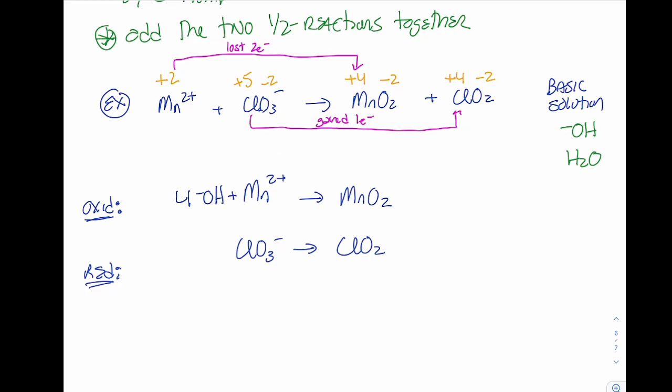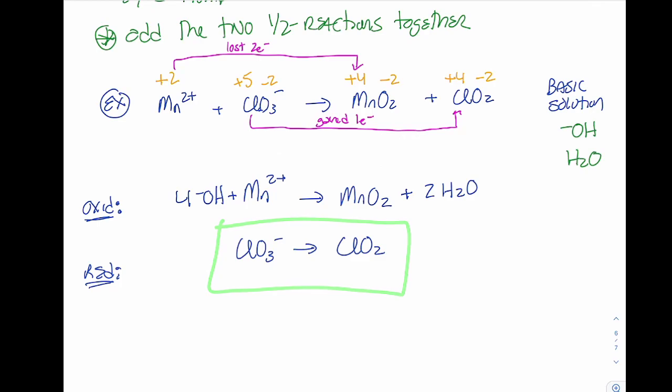And then I'm going to go to the other side, and I'm going to add half that amount of water. So half of 4 is 2. I'm going to add 2 water. And then let's check that. So 4 oxygen: 2 times 1, plus 2, is 4 oxygen. 4 hydrogen, 2 times 2 is 4 hydrogen.